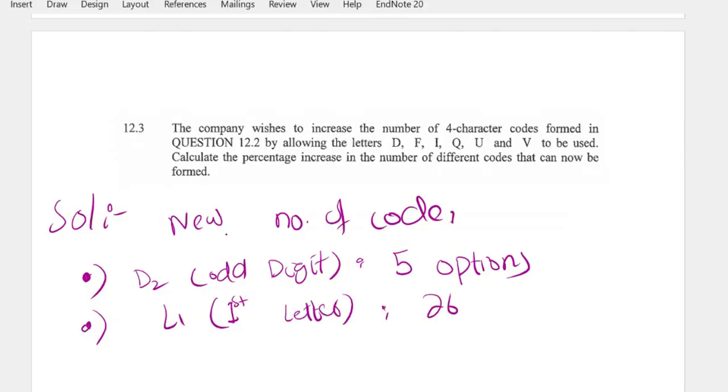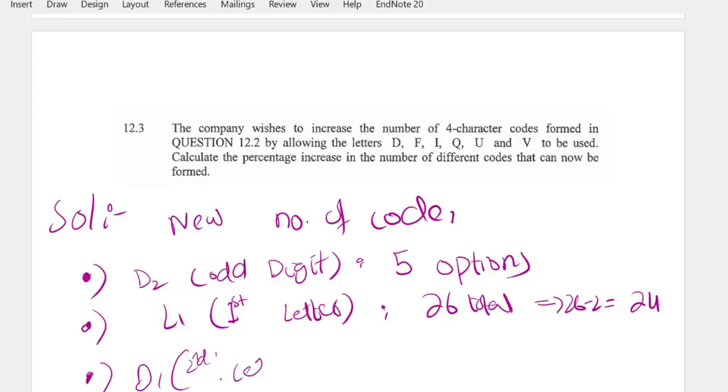We have 26 total, and exclude W and Z, so 26 minus 2 equals 24. The third option is D1, the second digit. We have 9 options, no change.